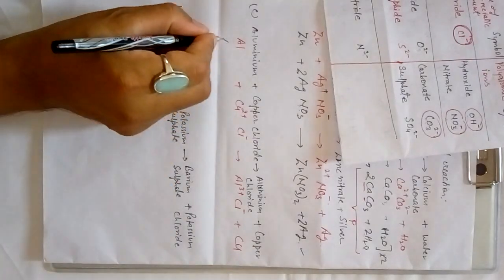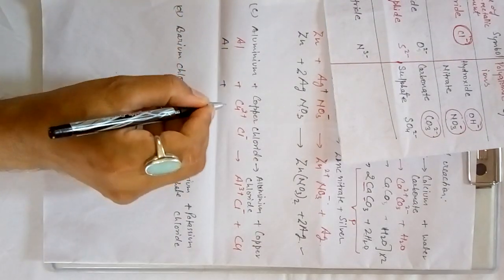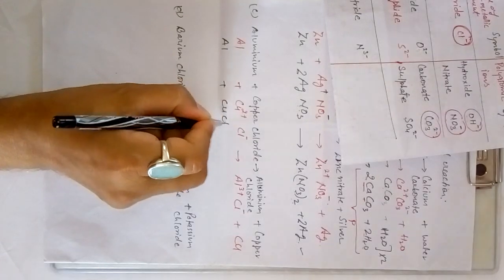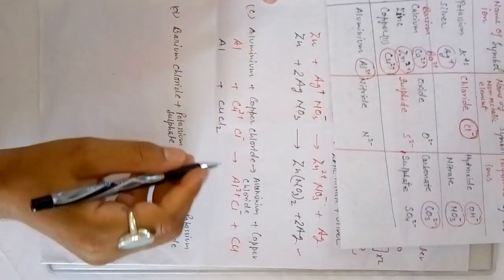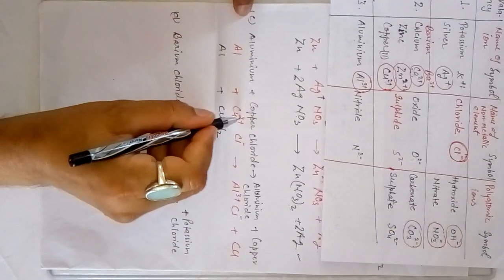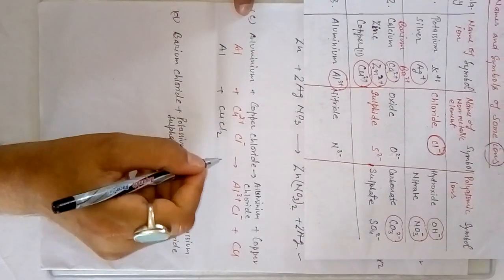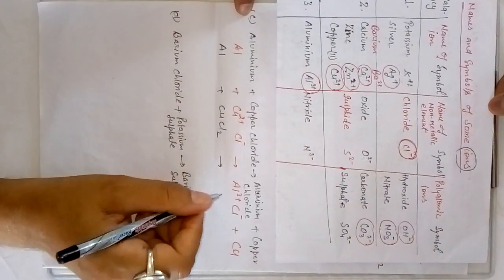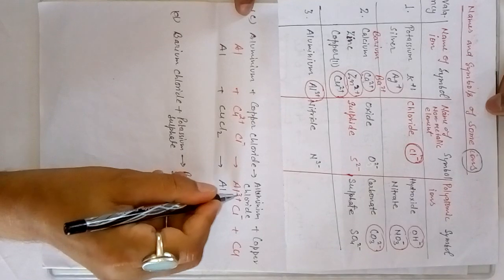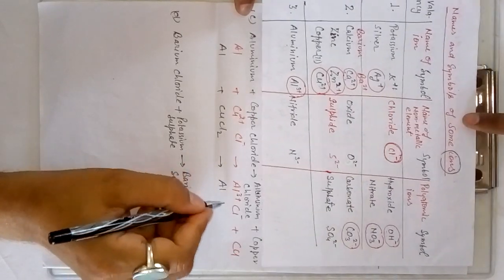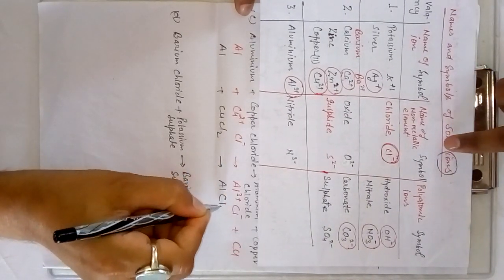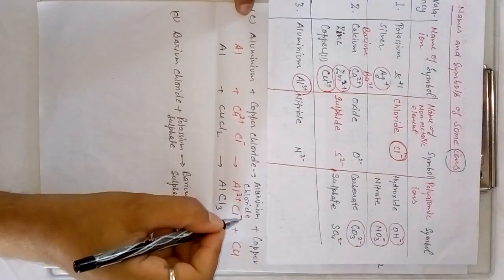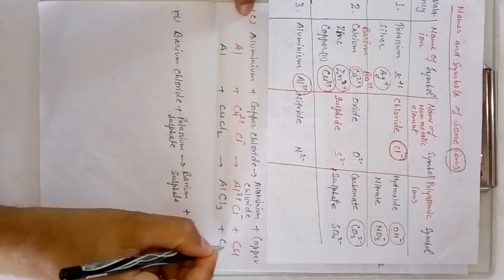So you can see Al plus CuCl2, because 2 is here, 1 is here, gives here Al3, so it will be in cross, AlCl3, because Cl is minus 1, plus Cu.